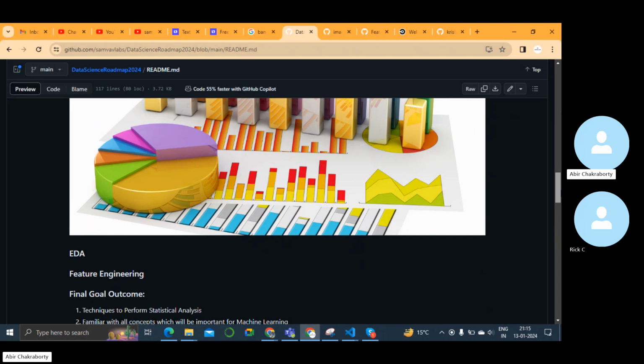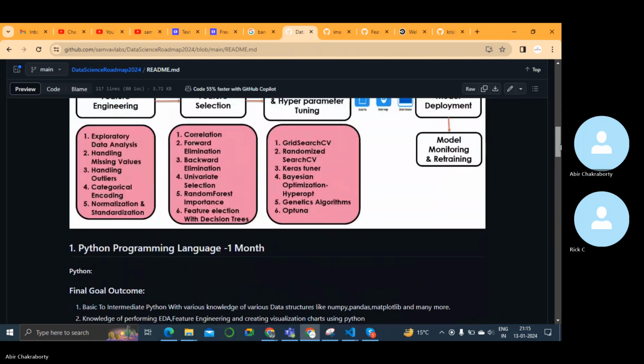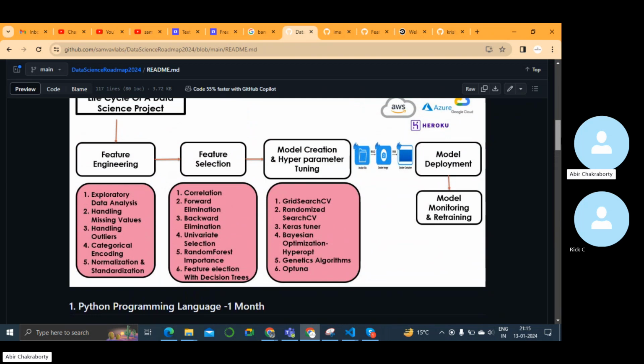Once we are at this stage where we have done the analysis and showcased it in the form of visualization, which we also call data visualization, we use this analysis to further do what we call feature engineering. Now, why is feature engineering important?